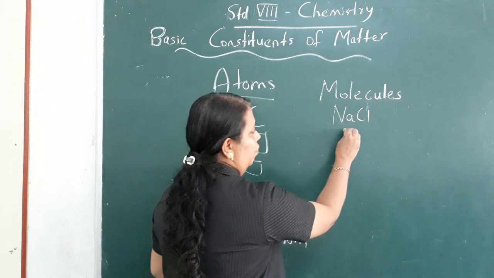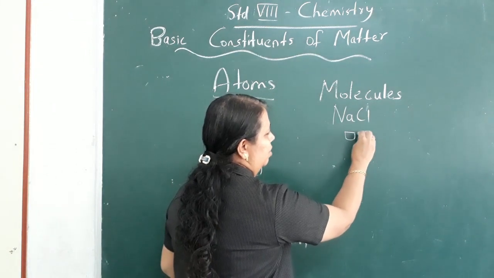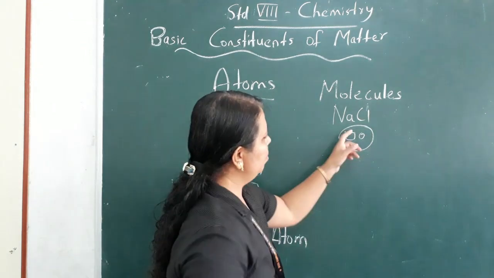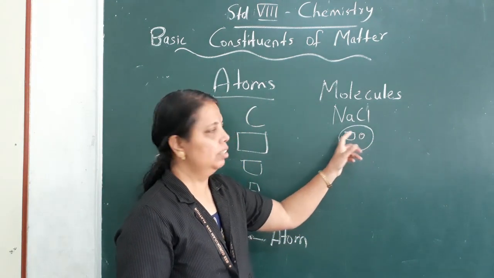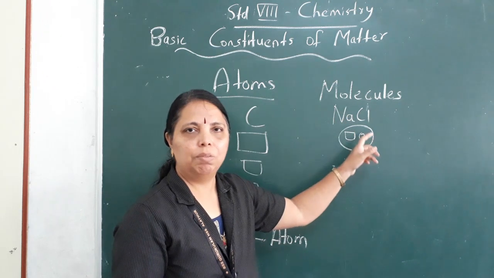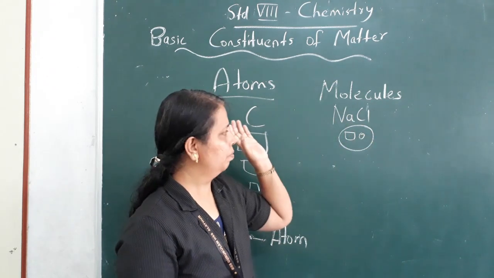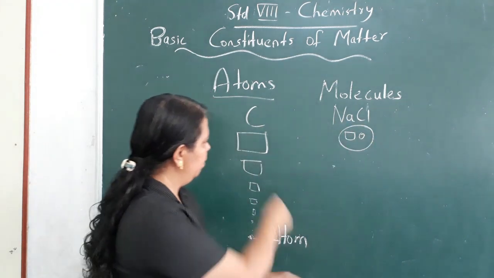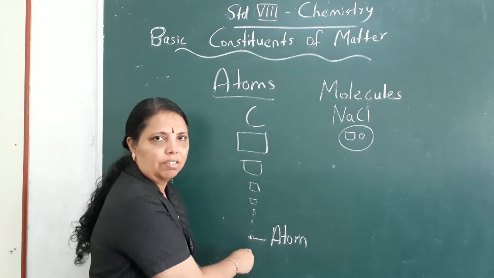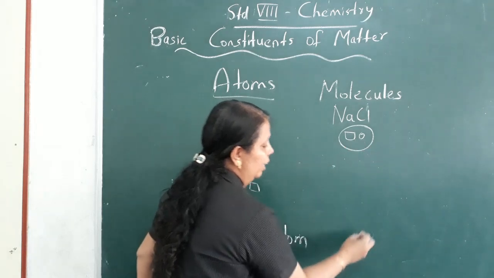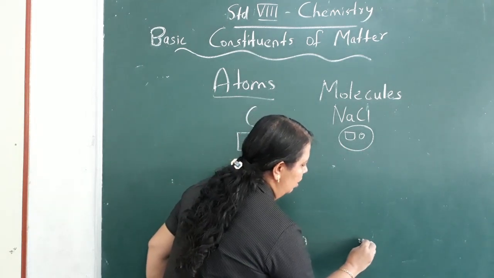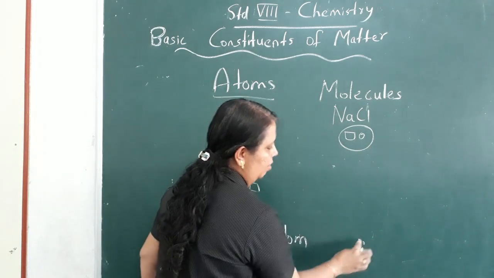Now just for you to understand I am drawing this. Suppose this is a sodium atom and this is a chlorine atom. Together they are present in a compound. Now as I divide here, I got just one final particle, that is called an atom. Now here too when I divide I get the smallest particle. One is square and another is circle.